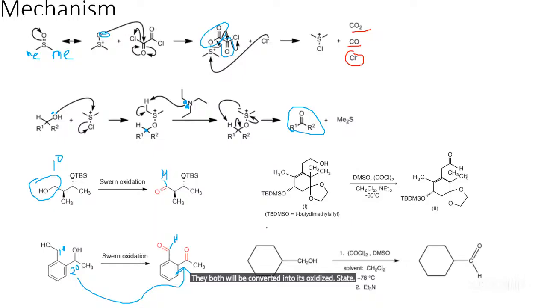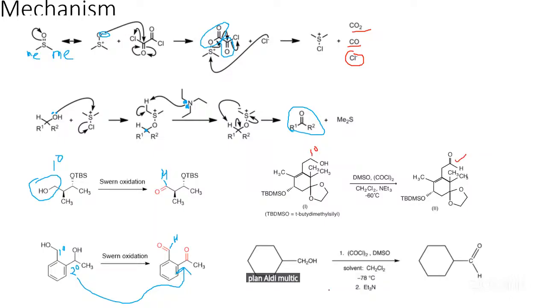We look here at another example where protecting groups are present and two different protections are there, one for the hydroxy group and one for the ketonic functional group. This remains as it is. There is no effect on the protecting group, and this gives oxidation of primary alcohol to an aldehyde.